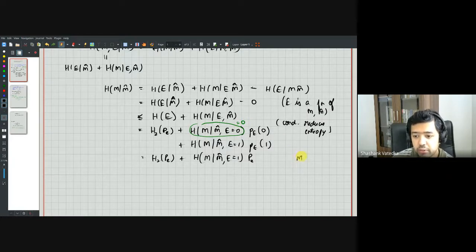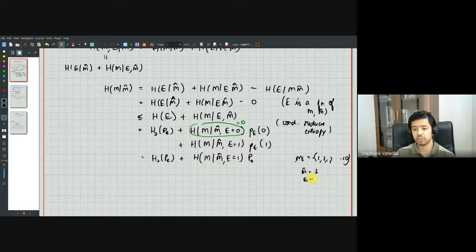For example, suppose that m and m hat come from the set 1, 2, 3 up to 10. If m hat is equal to 3 and E equals 1, then you know that m is not equal to 3, but it could be 1, 2, 4, 5, 6, all the way up to 10. So there is still a lot of uncertainty in m given m hat when E equals 1.